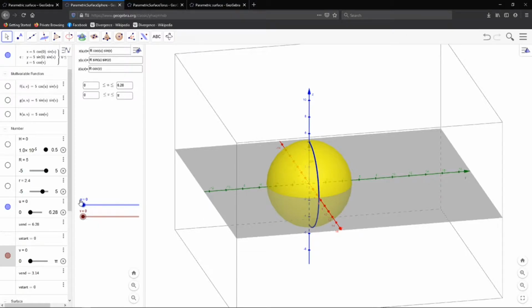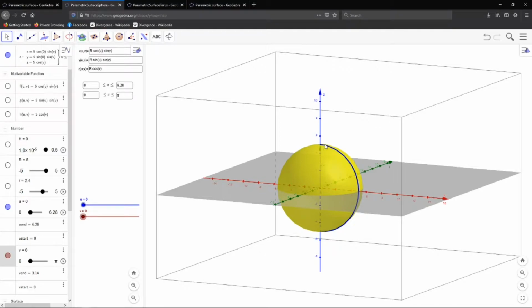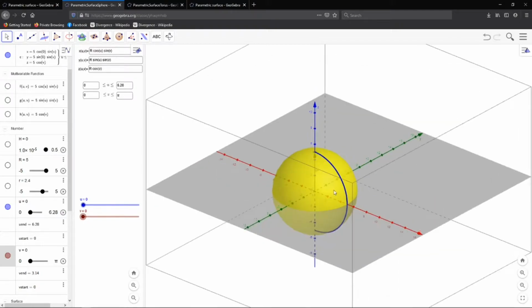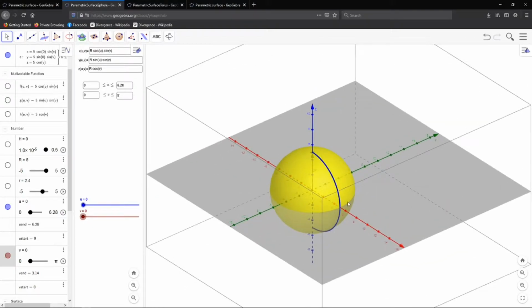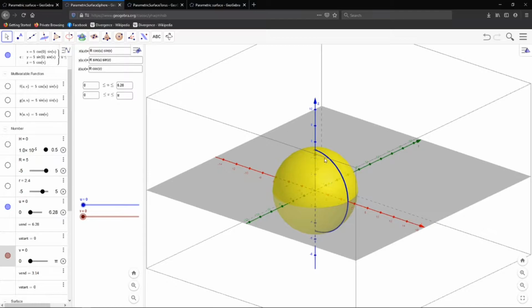You see when u equals 0, you get the curve right here. This is the curve with the fixed value of u equals 0. That's the semicircle. So v on this blue curve goes from 0 to pi while u is fixed at 0. That's why this color is blue right here. And if you rotate this around for u from 0 to 2 pi, you get every single different part of the sphere along this curve.